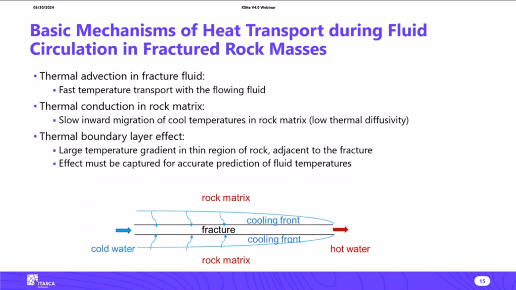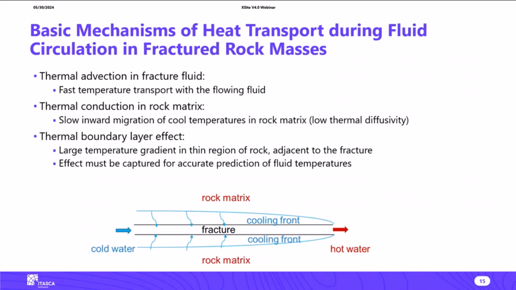On the other hand, thermal conduction in the rock mass is the process of thermal front propagation from the fractures into the rock. It occurs at quite a slow rate, and the consequence of that is the relatively low thermal diffusivity of the rock mass.